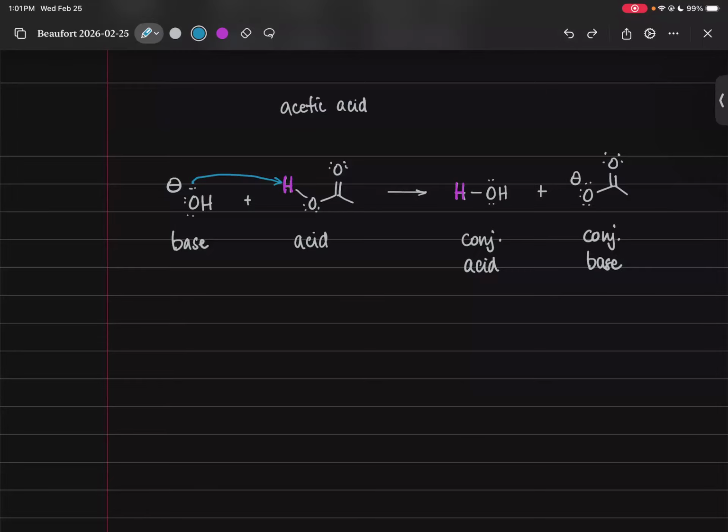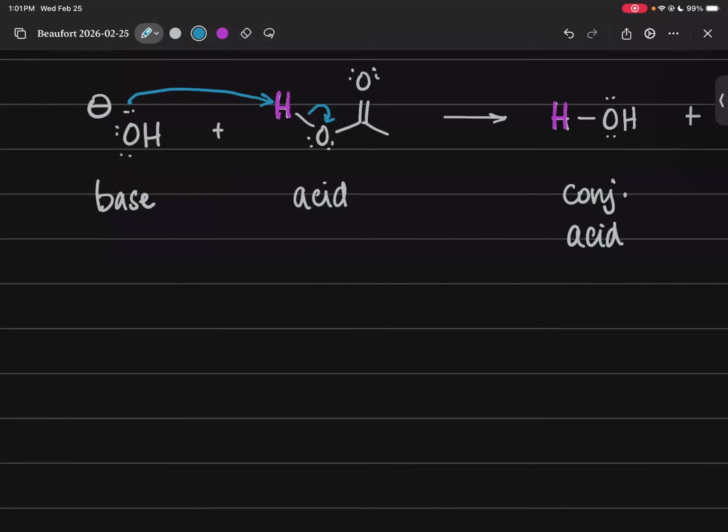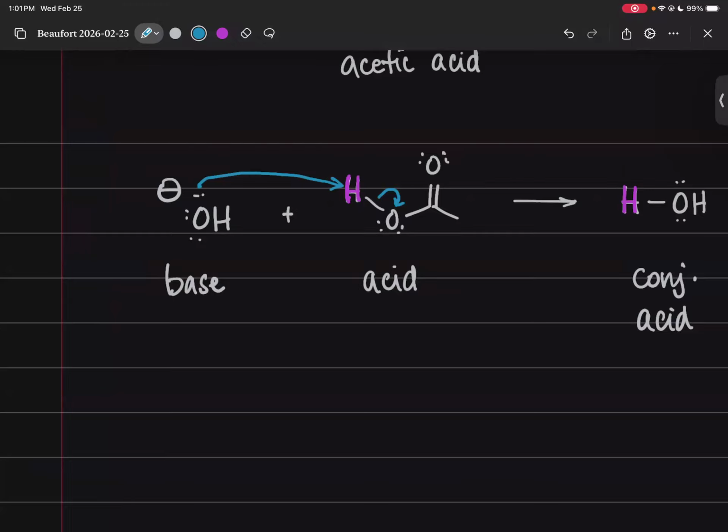And then we need to break the bond between the proton and the acid oxygen, because that bond is not in existence in the conjugate base. And so we show the electrons from the bond moving toward the oxygen. In both cases, the tail of the arrow starts at a pair of electrons. The arrow on the left starts at a lone pair, and the arrow on the right still starts from a pair of electrons, just a pair that are in a bond.